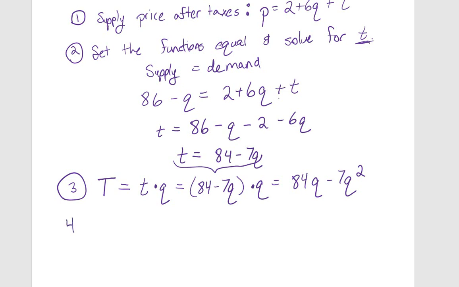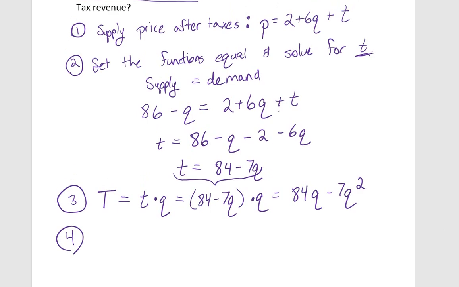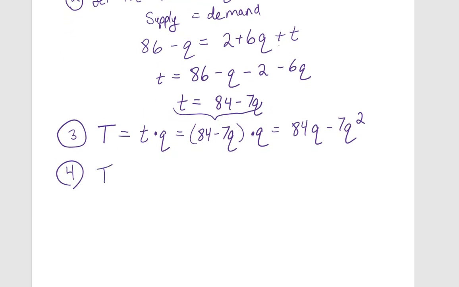Okay, now the fourth step is that we want to maximize the tax revenue. So remember, whenever you see the word maximize, you want to take the derivative. So T prime is going to be 84 minus 14q. Now, since we're maximizing this, after we take the derivative, we want to set that equal to 0. And we want to solve for q.